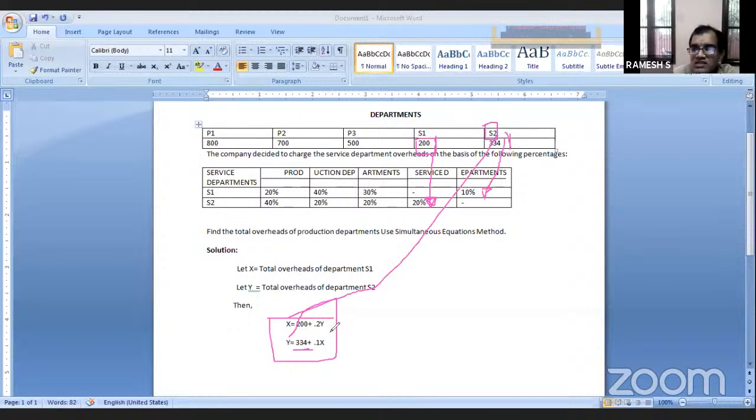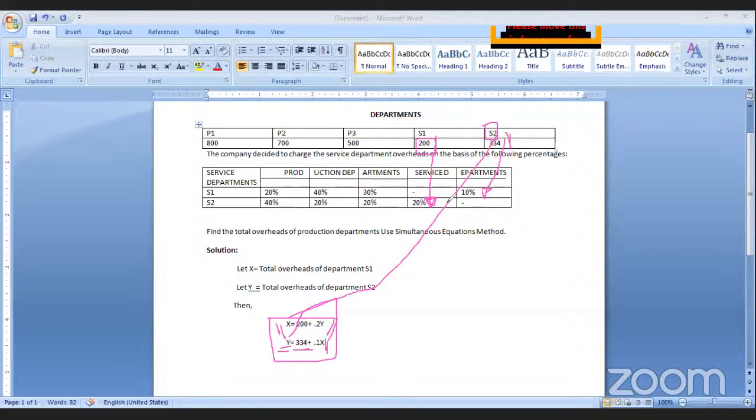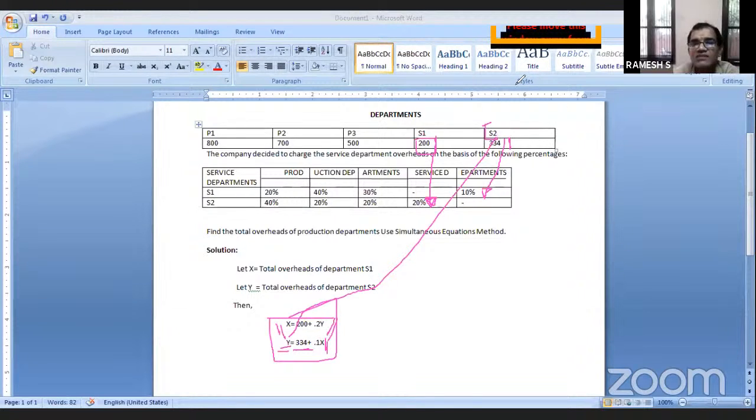So 10% means 10 by 100, it will give us 0.1. So for y you have to take it as x, and for x you have to take it as y. In this way we have arrived at two simultaneous equations. If you are able to understand the formation of these equations, the problem is easy.